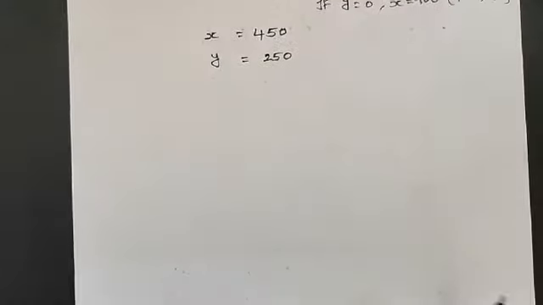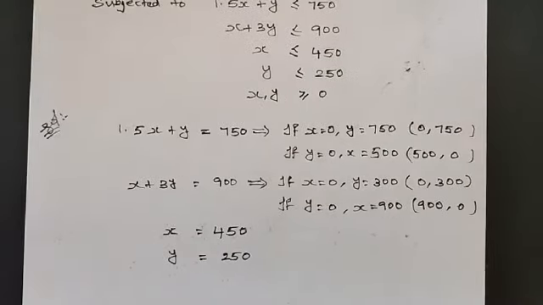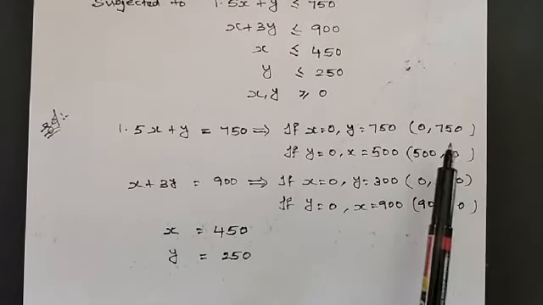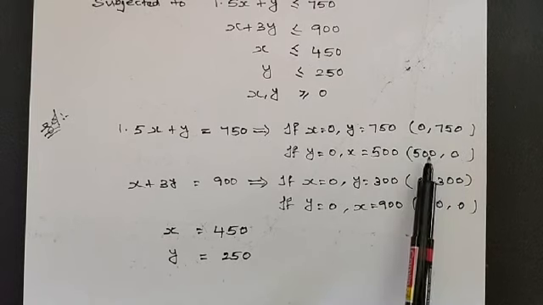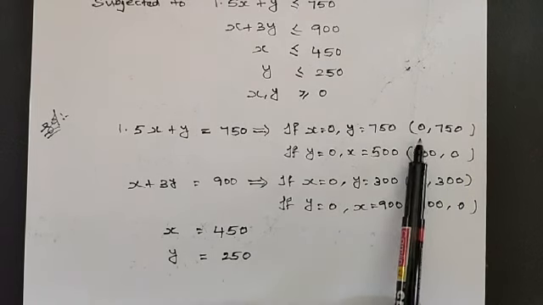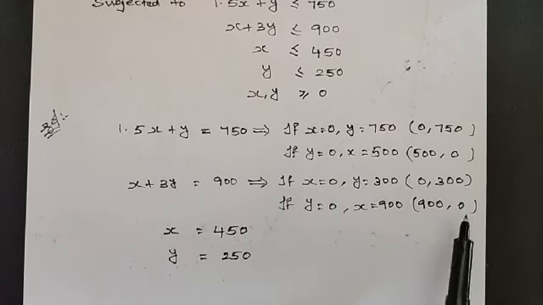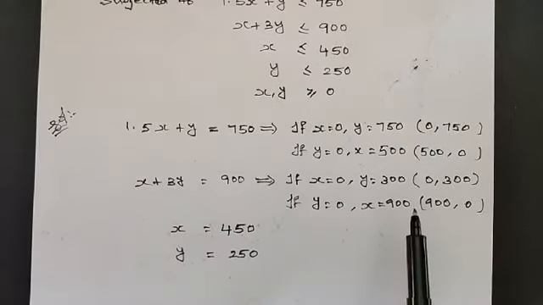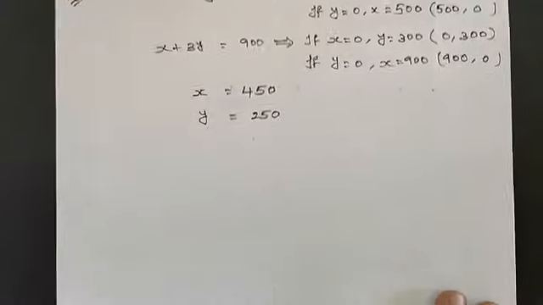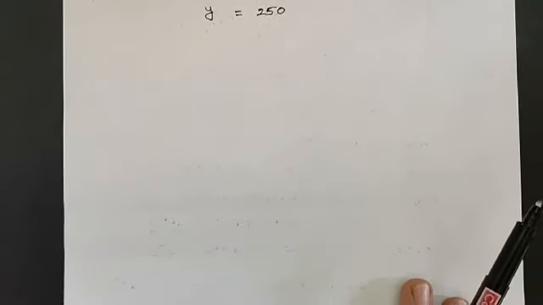If you observe the vertices, the maximum value of x is 900 and the maximum value of y is 750. So now let us see the graph part of the problem. Right, so now I am going to draw the graph.